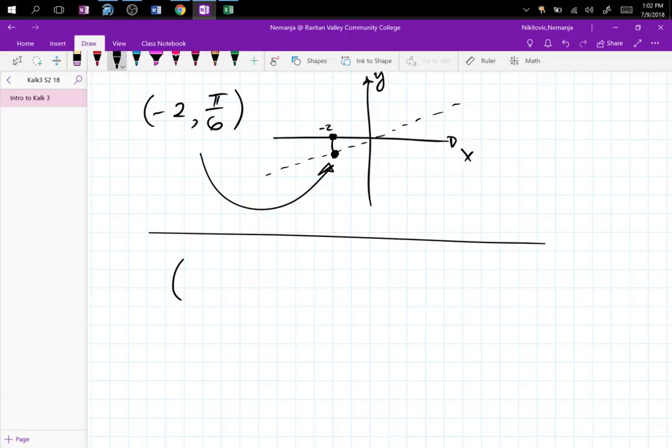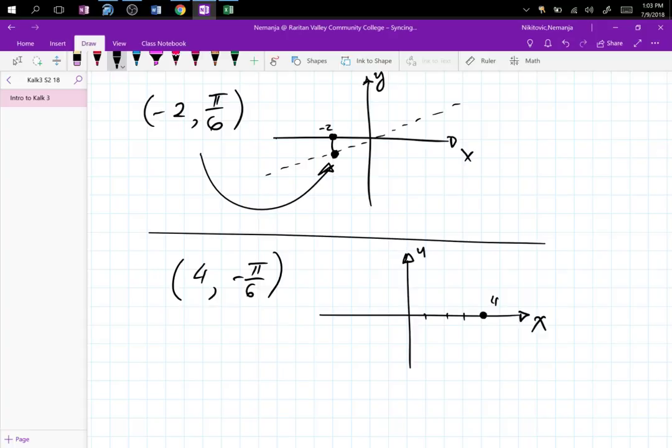So let's say you have (4, negative pi over 6), whatever. 4 is going to be here on the x-axis, right?